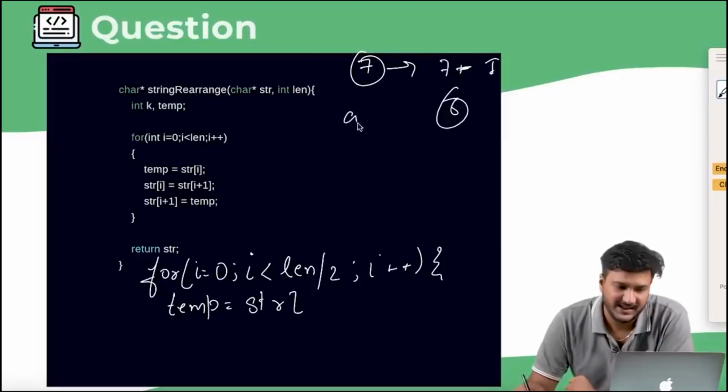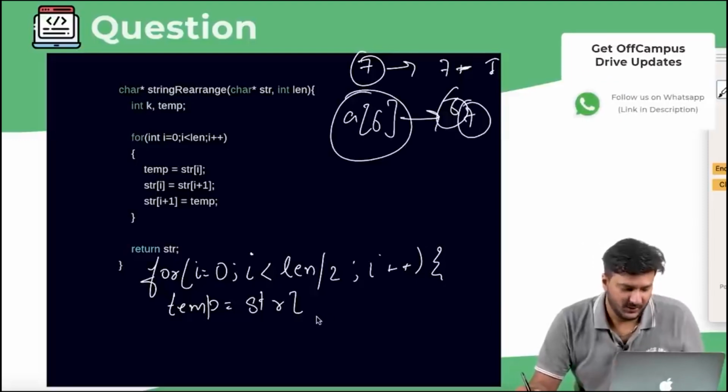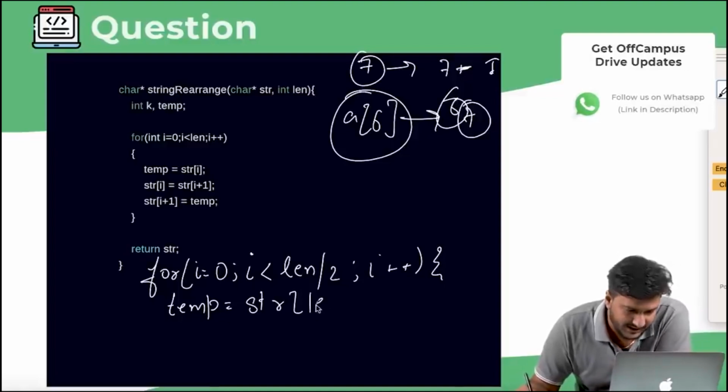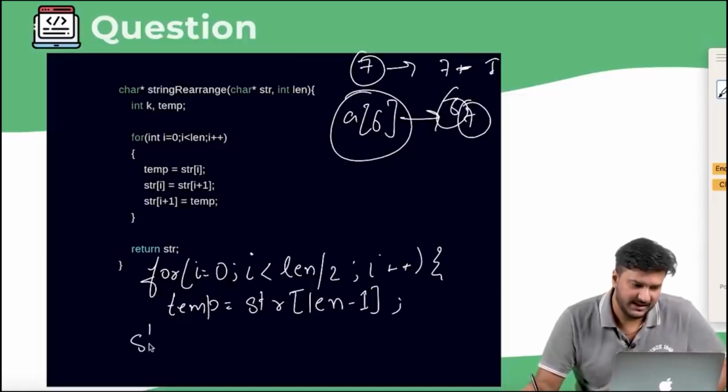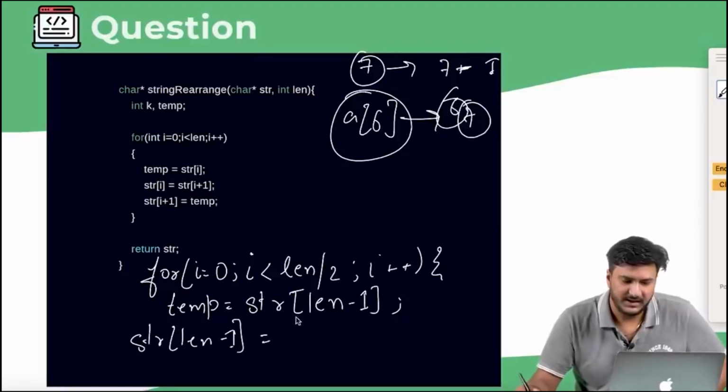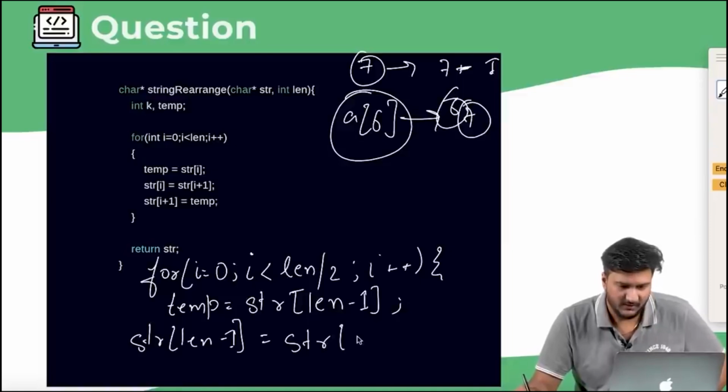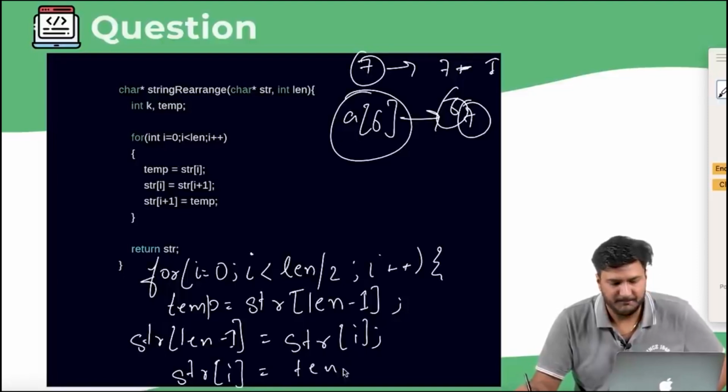So a of 6 would be the last element if the length is 7. Which is why I would write str of len minus 1, and then str of len minus 1 equals str of i, and then finally str of i equals temp.